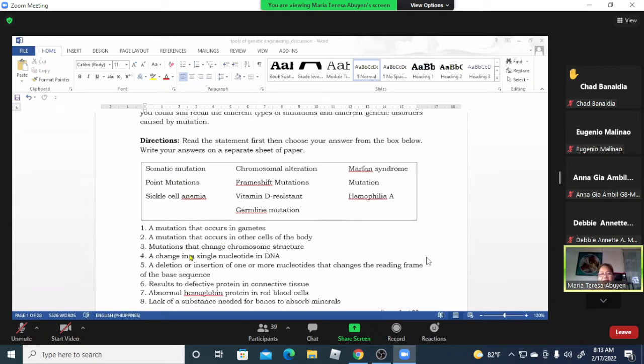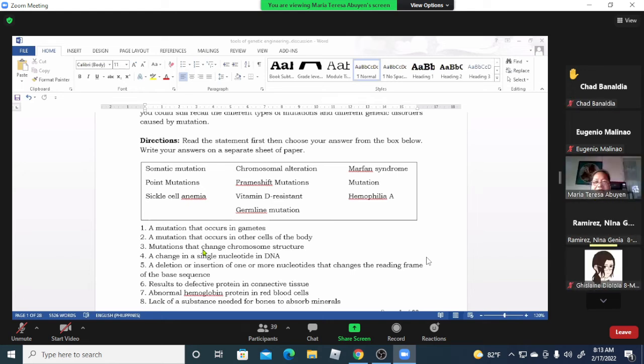We'll go to number 3. Mutations that change chromosome structure. Chromosomal alteration. Okay, the answer is correct. Chromosomal alteration. So a change in the structure of the chromosome is actually more dangerous than genetic mutation.